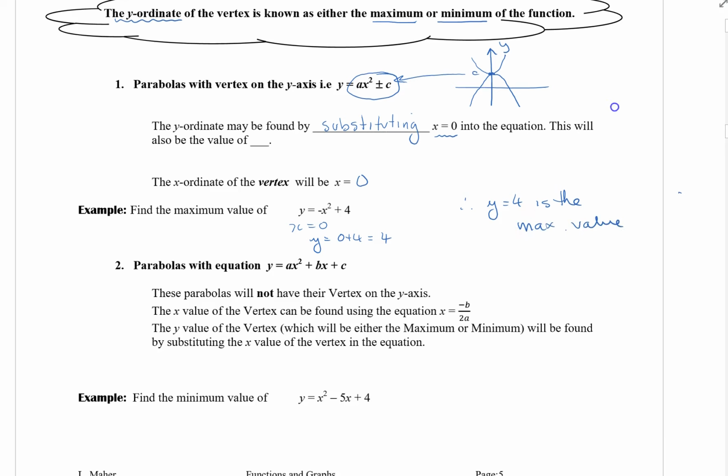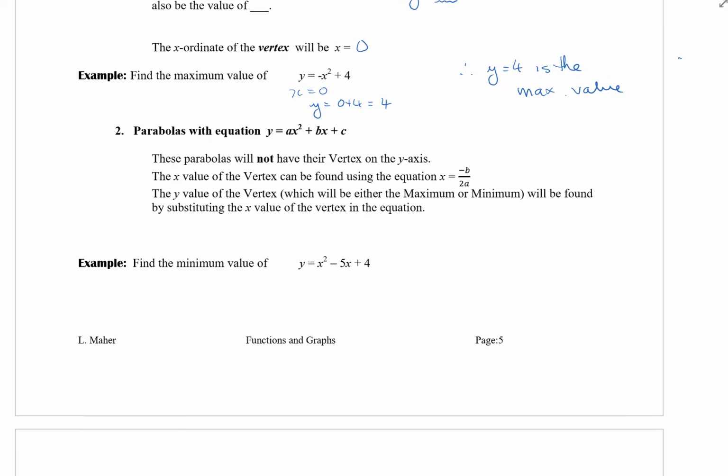Then we've got the equations that get a little bit more complicated. They've got the x squared term, they've got the x term, and they've got a constant. These do not have their vertex on the y-axis. It's moved away. The x value of the vertex is not 0 anymore. You have to learn this, that the x value of the vertex occurs at minus b on 2a.